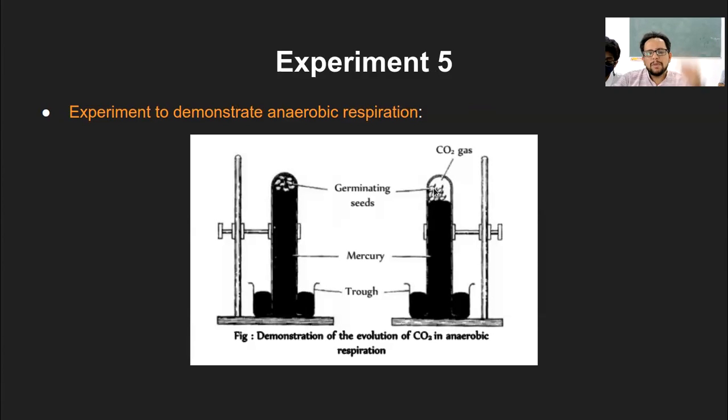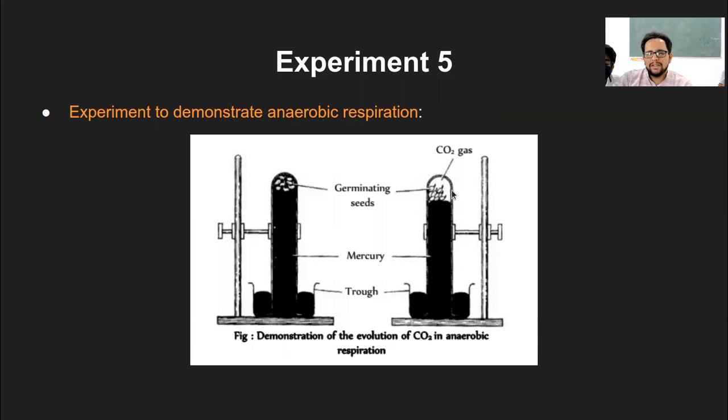That's what will push the mercury down, and that increase in space shows that these seeds are germinating. Also, to check that only CO2 is generated, we take a potassium hydroxide stick and insert it inside, and that will again give a turbid solution, right?